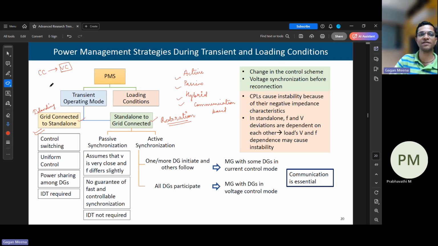Or we can say if all the DGs were operating in the grid feeding mode, now after transition to the standalone mode, at least one of them needs to operate in grid forming and others can operate in grid feeding.